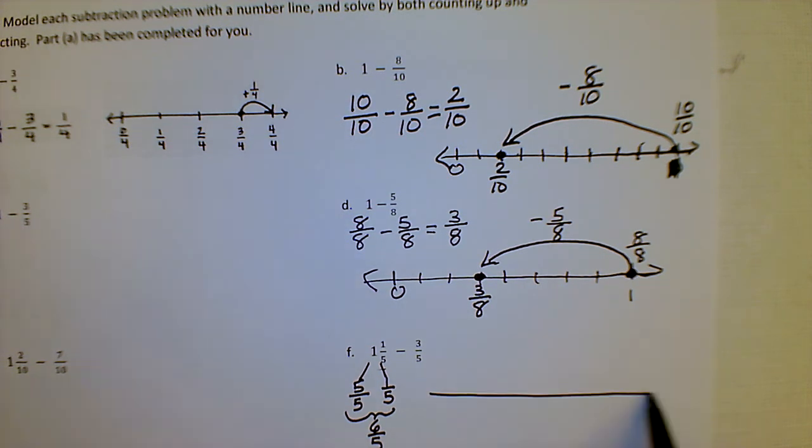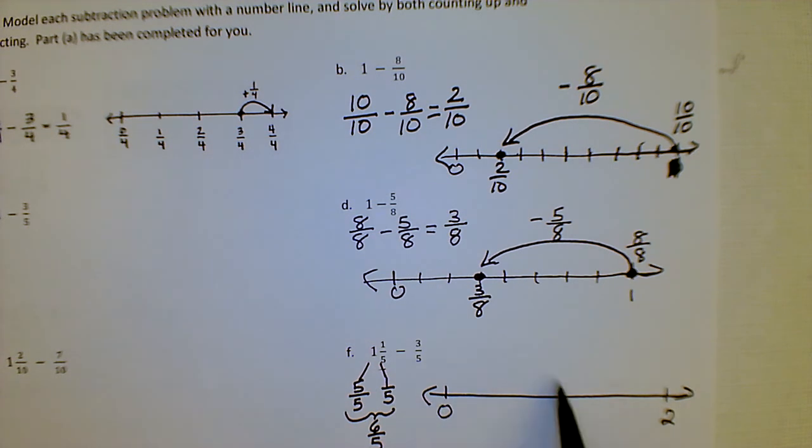So let's go ahead and draw our 6/5 on a number line this time. I know that this was a fraction greater than 1, so I'm definitely going to have to go over the 1. So I'm going to put my 2 here. And now I need to turn these all into fifths. I need to show all my fifths in there. I need to draw them in, model them.